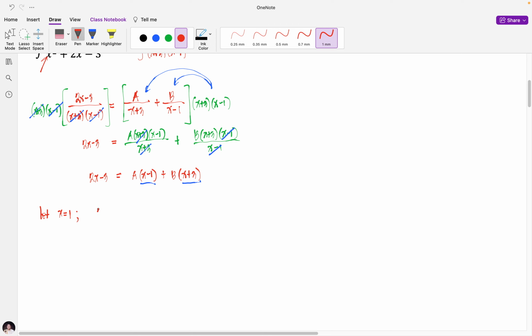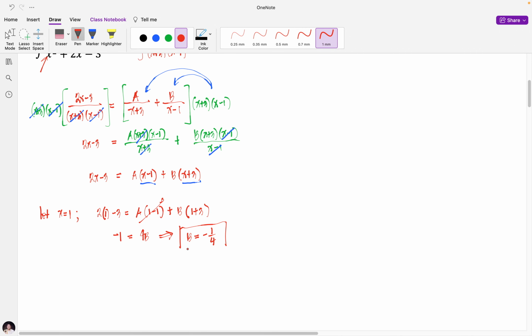We will have 2 times 1 minus 3 equals A times 1 minus 1 plus B times 1 plus 3. From that, 2 times 1 minus 3 is negative 1, equal to, this will become 0, and 1 plus 3 is 4, so we have 4B. That means B is equal to negative 1/4.